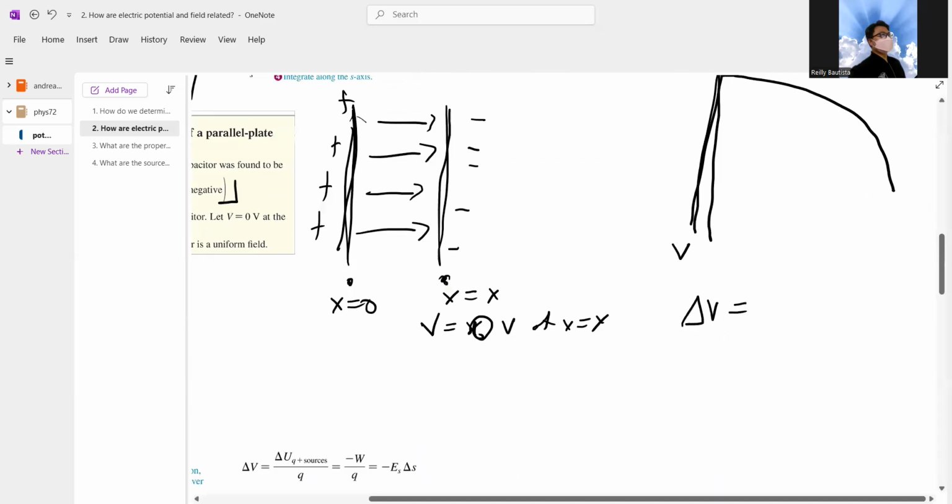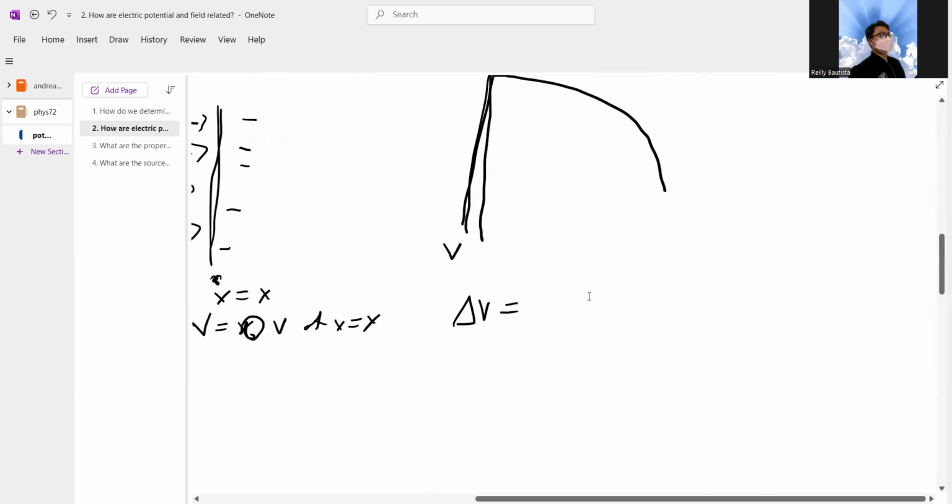Equals negative E. So let's impose the condition Ex dx.